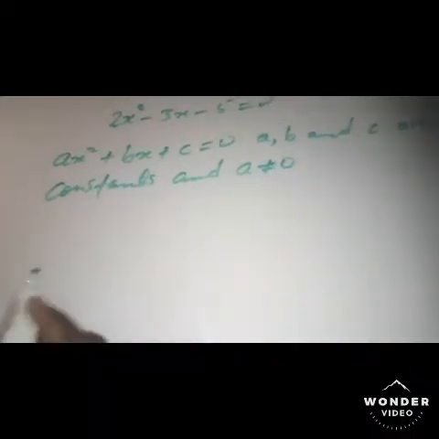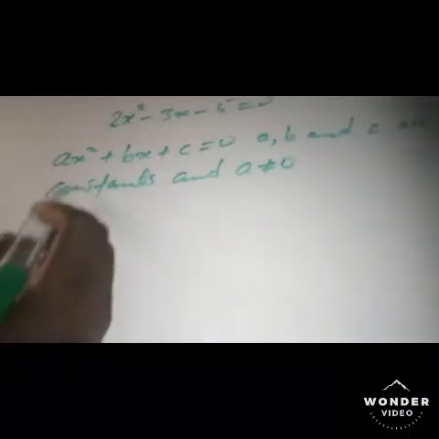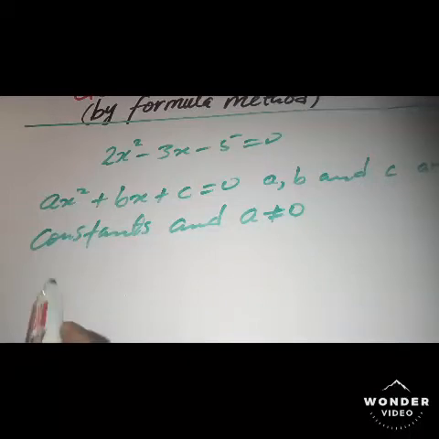Not only for easy comparison, for easy substitution, because when you come to substitute and you fail to recall the first term, the second term, the third term, it will be very difficult for you to make a successful substitution. So the next thing here is to compare my equation, that's the given equation, and the general form.